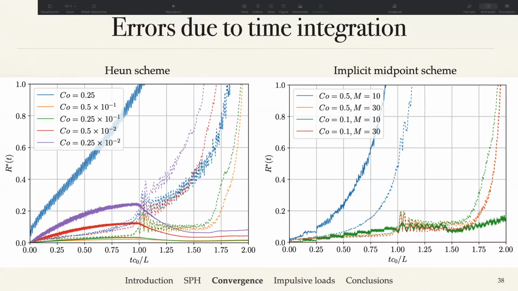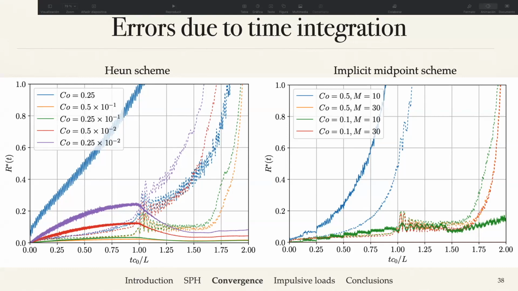Here I show you the results for the Heun scheme, which is an explicit predictor-corrector method, and an implicit midpoint method. Different colors stand for different Courant numbers. The dashed line corresponds to the error due to the particle disorder, so the second term that I have added in the equation before. I won't discuss that now, but the solid line corresponds to the error due to the time discretization.